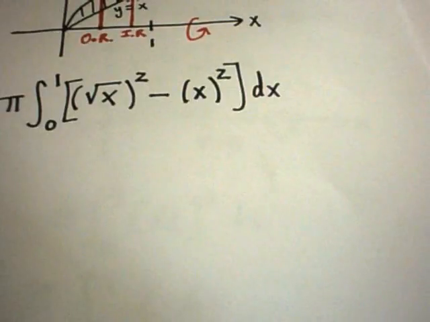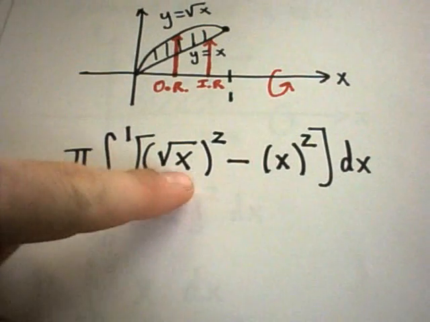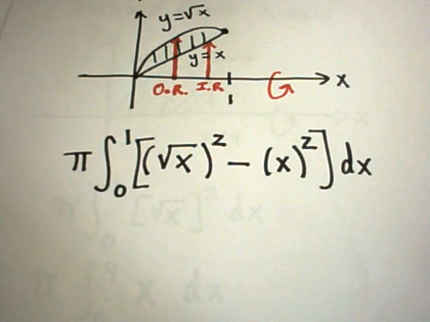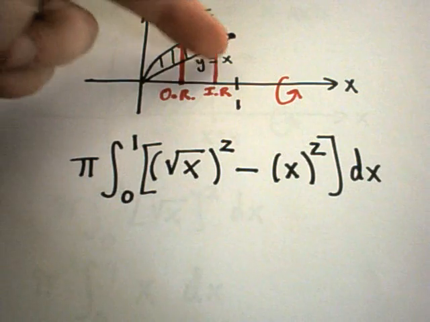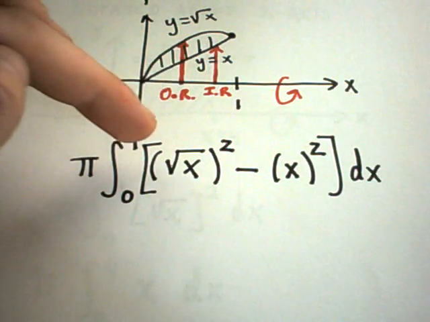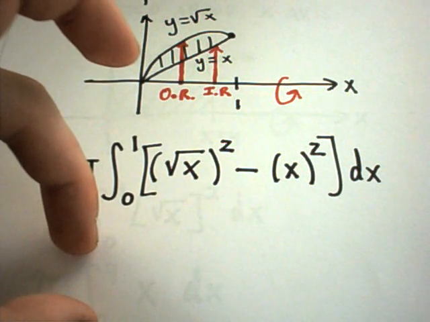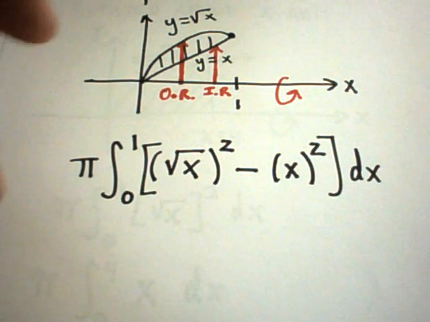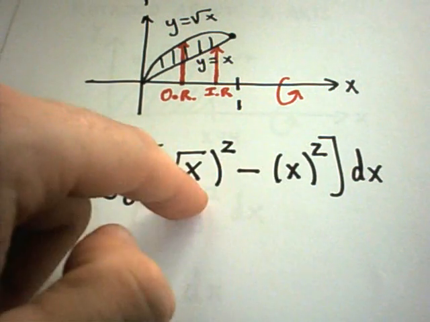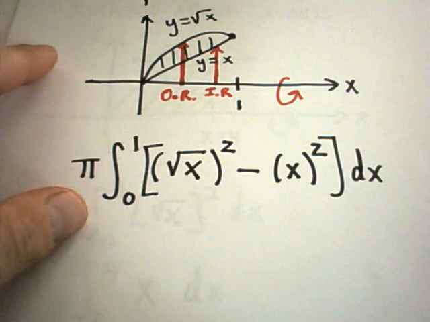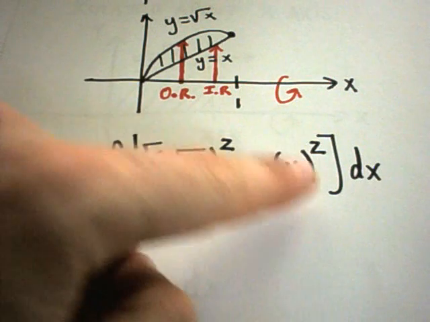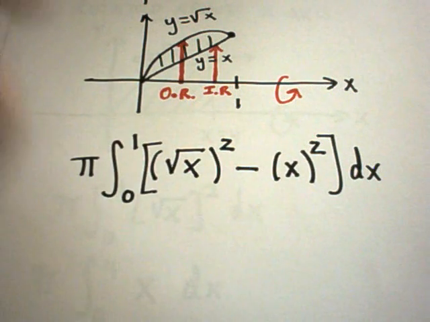When you're rotating about the x-axis, you don't have to really manipulate the functions at all. You still have to think about which one's the outer, which one's the inner, but notice you're just using one and the other. If you work this problem out and you find that you get a negative number, well, volumes can never be negative, so what that means is, most likely, you just got your two functions backwards. Of course, it could mean that you did something more dramatically incorrect, but that would be the first place I would look, is maybe I've just got my outer radius and inner radius mixed up.